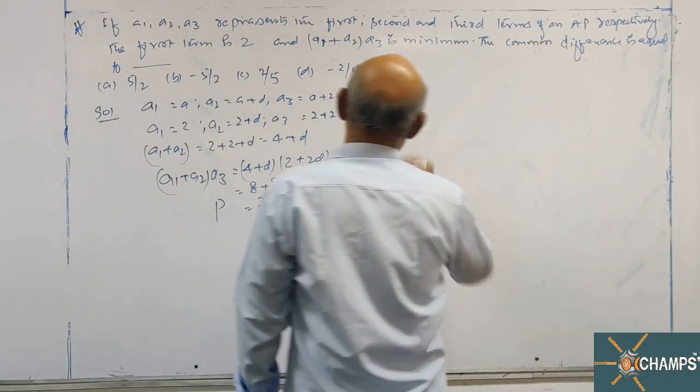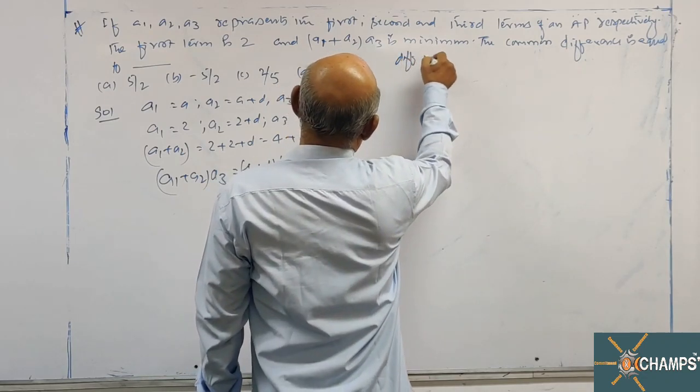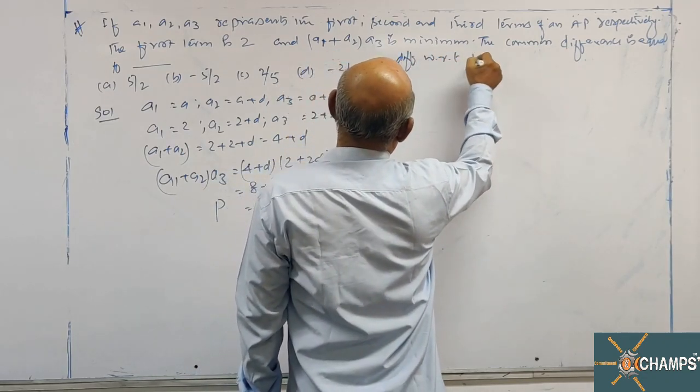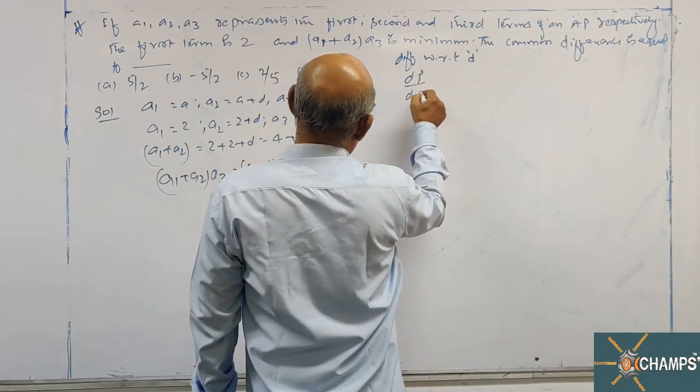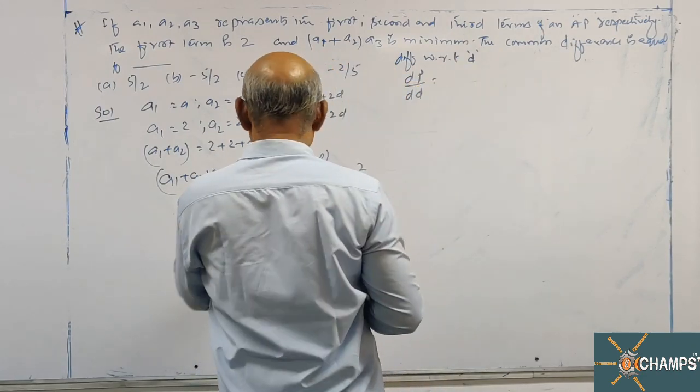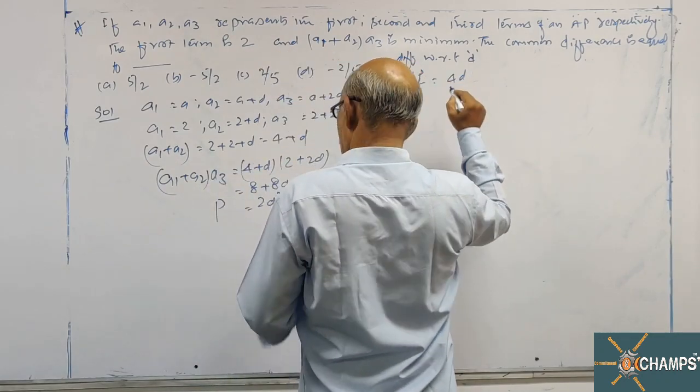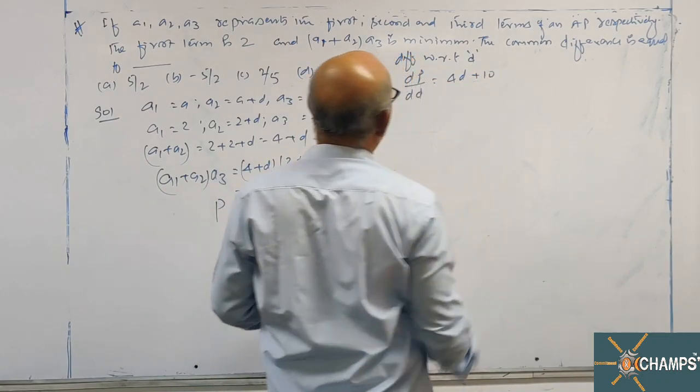Now it is a quadratic expression. Using differential calculus, differentiating with respect to d, dP by dd, independent variable is d, 4d plus 10.